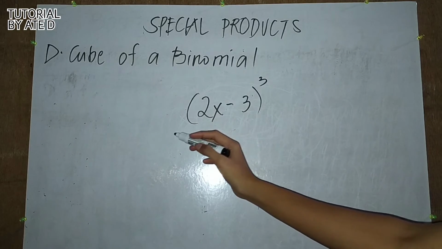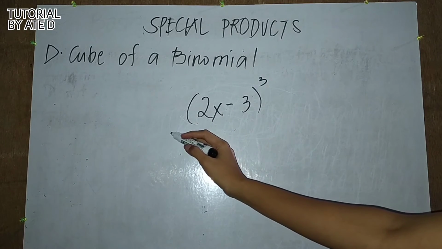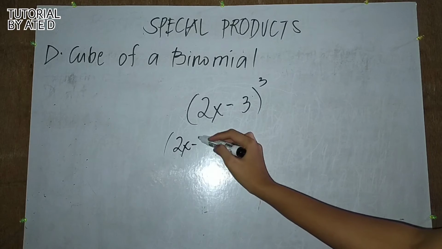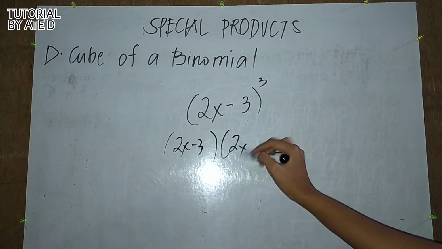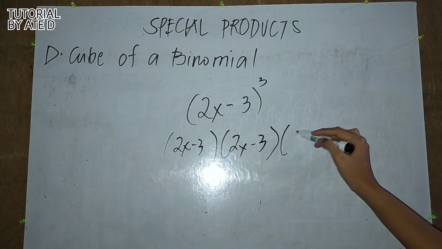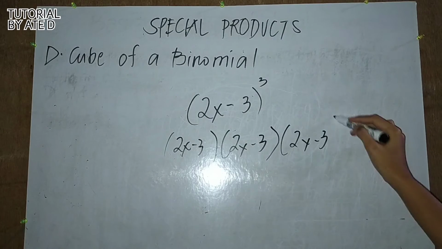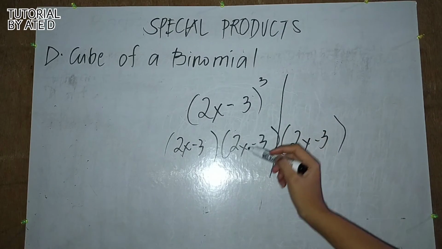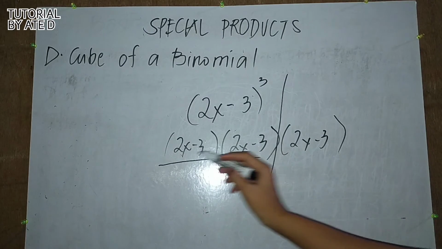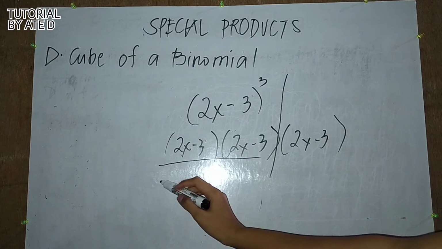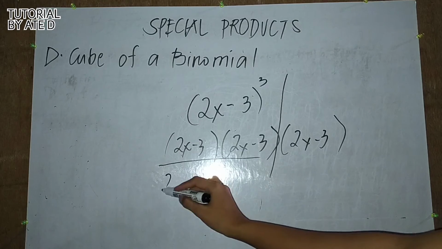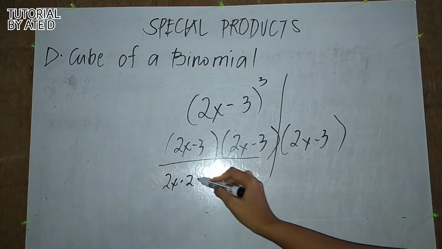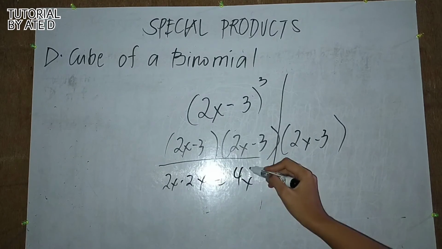So, another example, we're going to expand it first. 2x minus 3 times 2x minus 3 times 2x minus 3. First procedure, finding the product of these two. So, 2x times 2x will give us 4x squared.